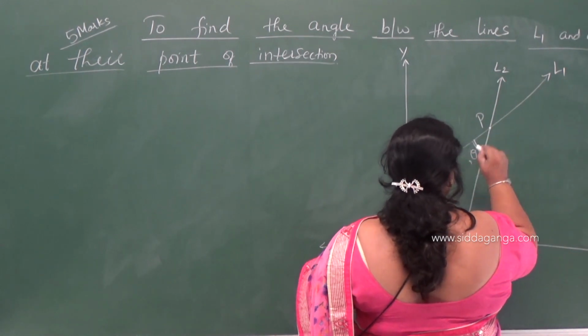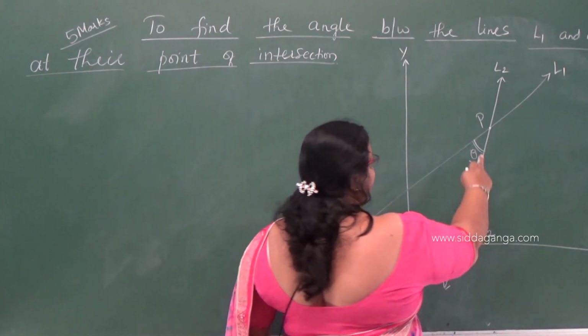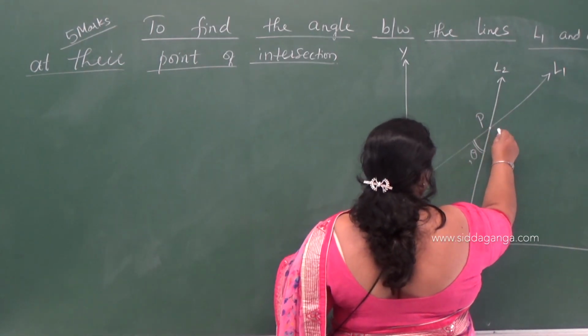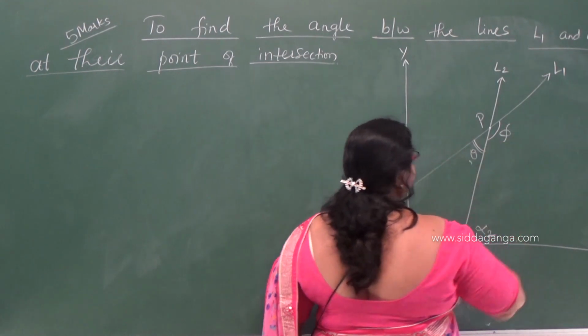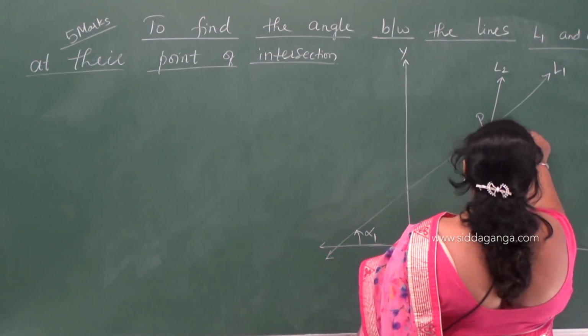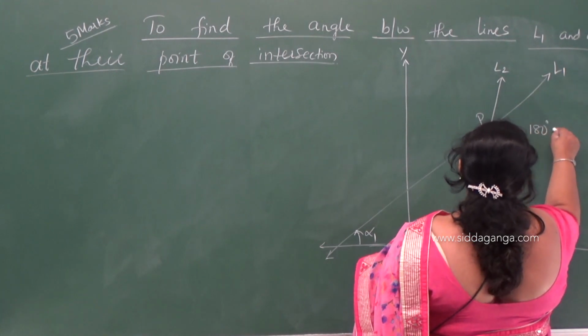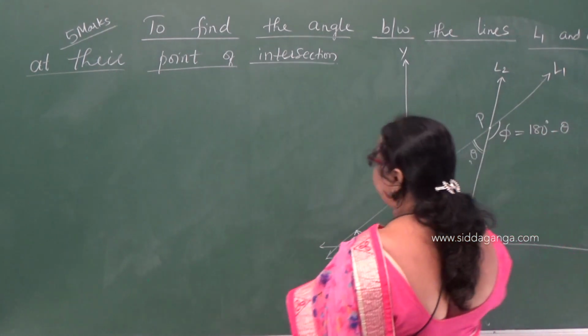So we have to find this angle. Its opposite angle is also theta. Now this angle, you take it as phi. So in terms of theta, it is nothing but 180 degrees minus theta.